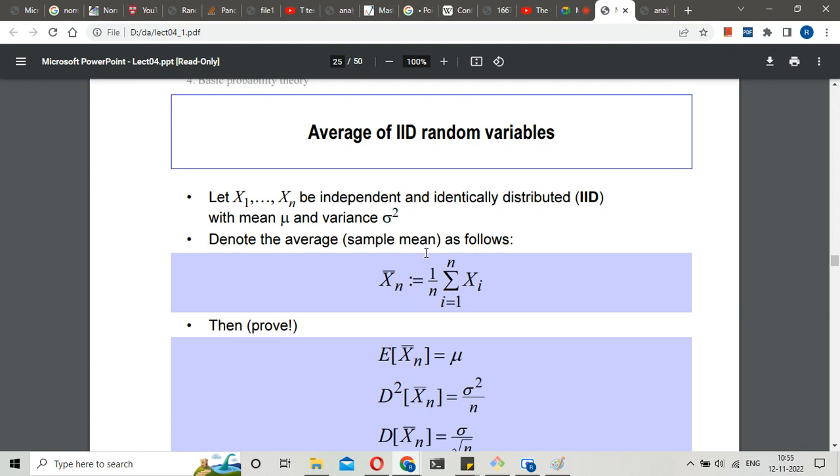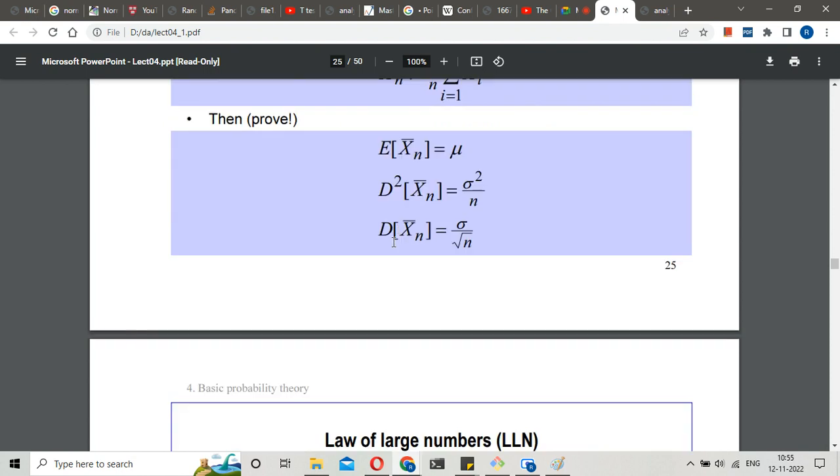So how will you denote their mean? The average will be this, and the mean is mu only, the same as the expected value, and the variance will be sigma square by n, because there are n random variables, and we calculate their deviation. Sorry, this is standard deviation, this is variance, and this is expected value. So this is how we calculate.